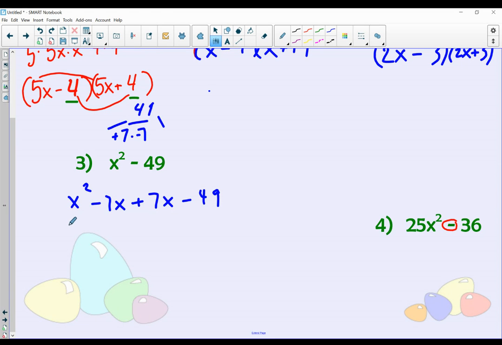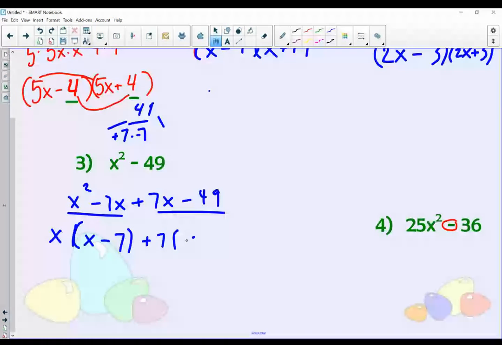Now I group them, and I factor out the greatest common factor. So I have an x over here that's in common, and I'm left with, my parentheses are coming out as straight lines, x minus 7. Between 7 and 49, I know I have 7 in common. So x minus 7.